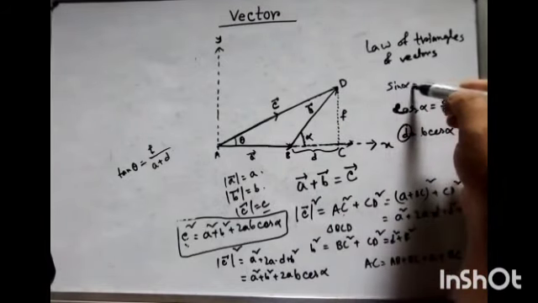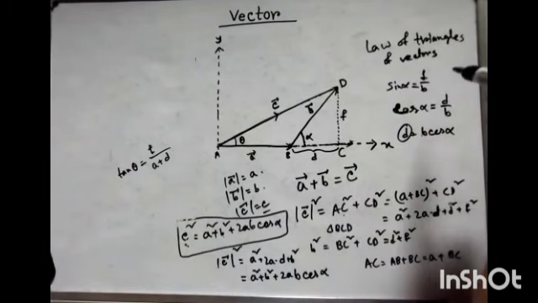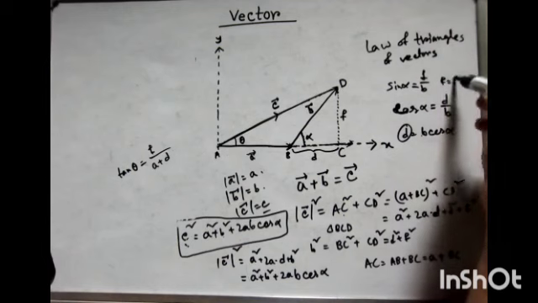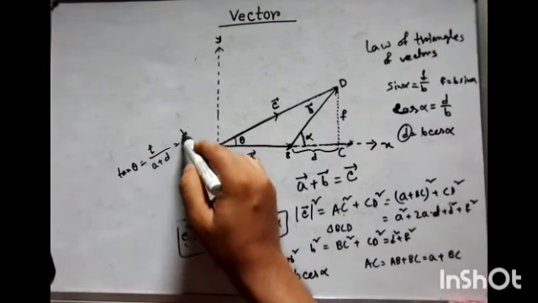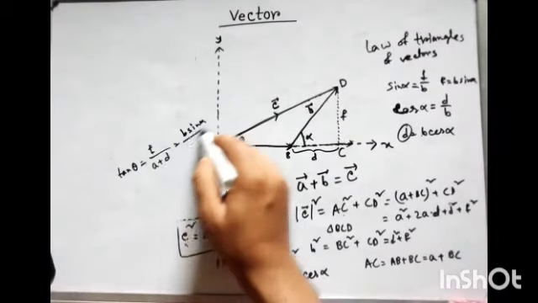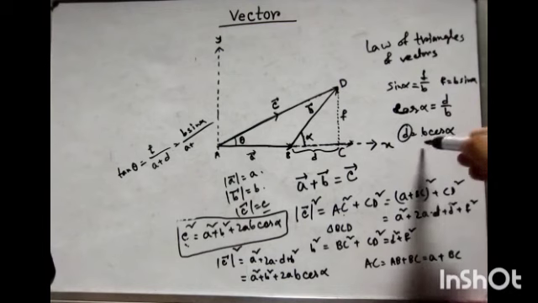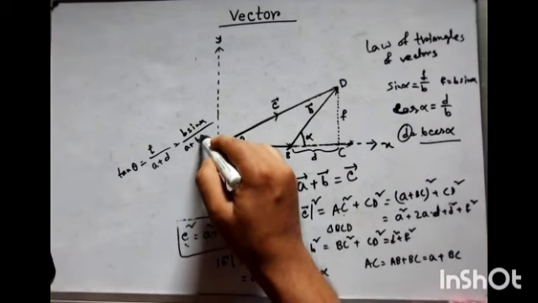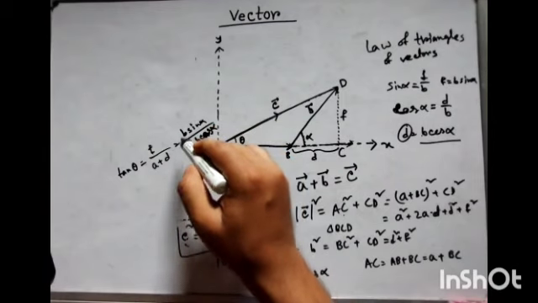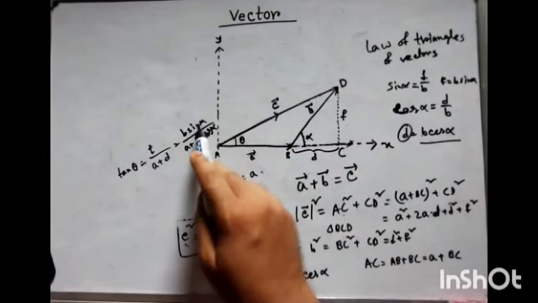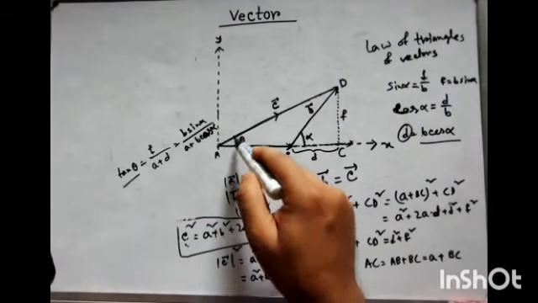Sin alpha is f by b, so f will be b sin alpha, so tan theta is b sin alpha by a plus b cos alpha, where d is equal to b cos alpha. So we know b, a and alpha. From there we can find the value of theta also.